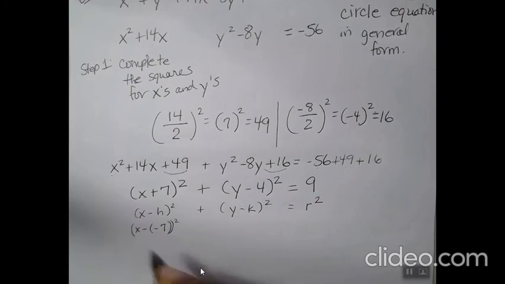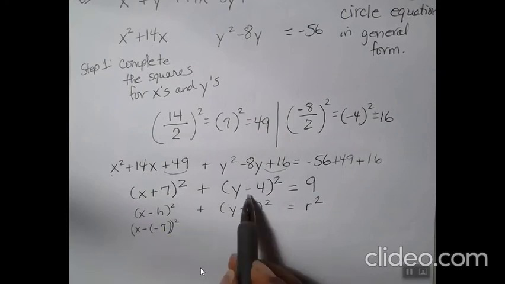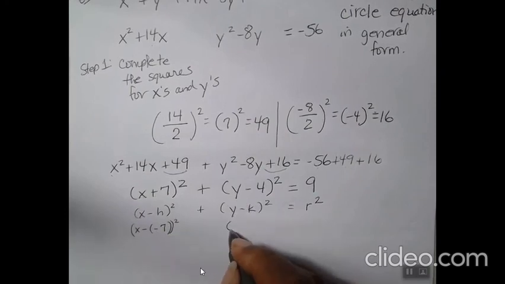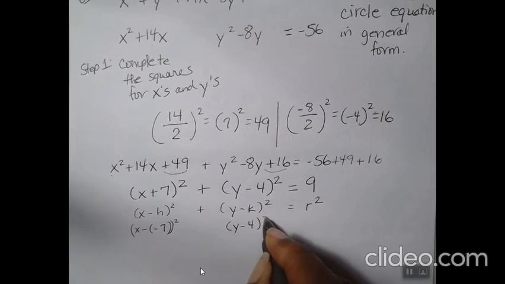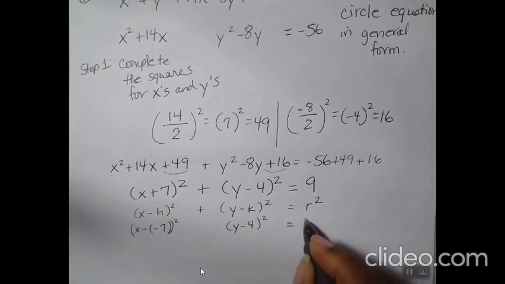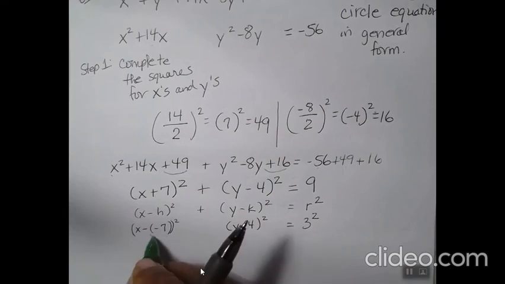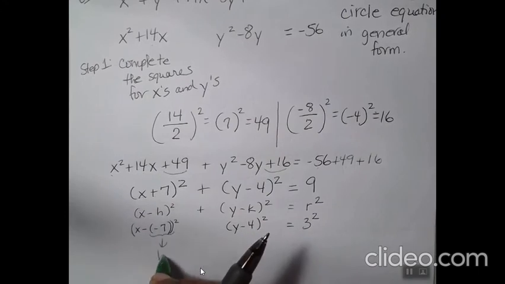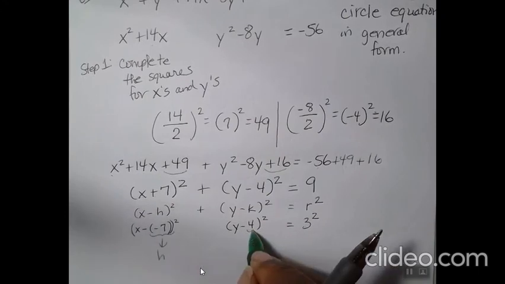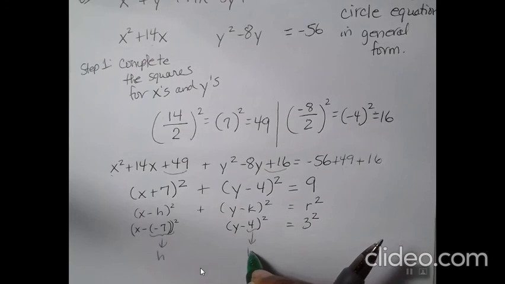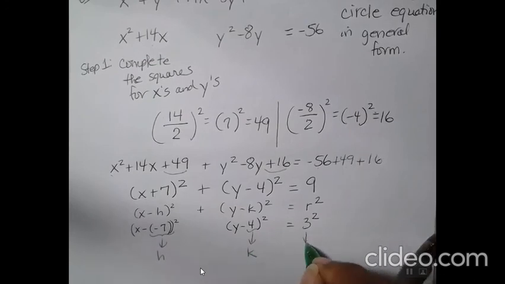I'm going to put 2 parentheses here. And (y minus 4) squared is just what we see here, equals r squared. This would be 3 squared. So our h is negative 7, our k is 4, and our r is 3.